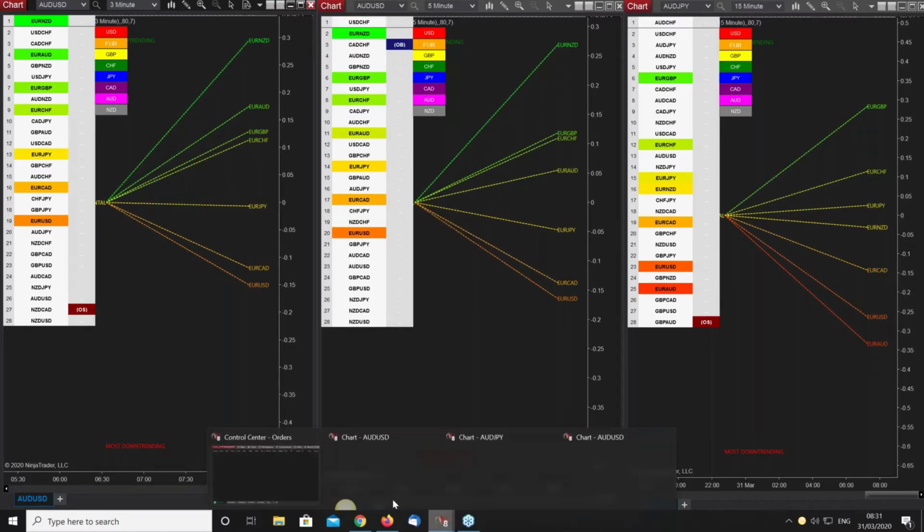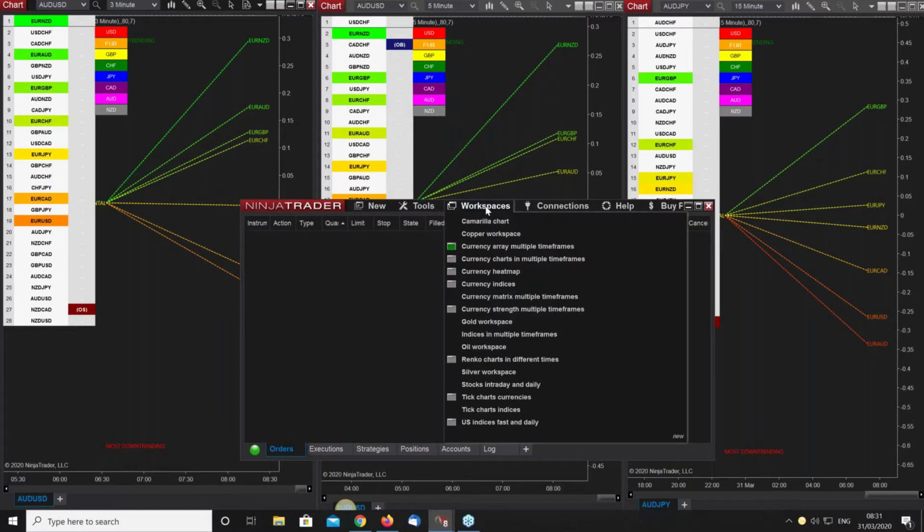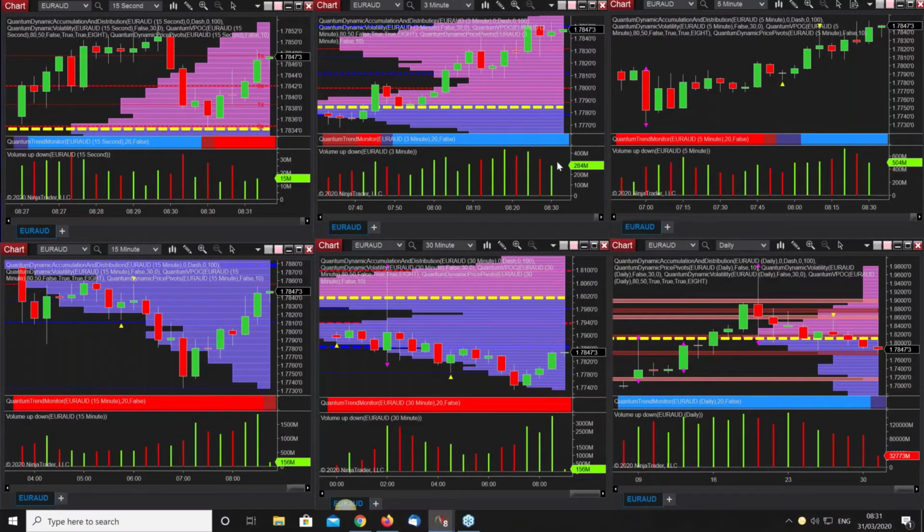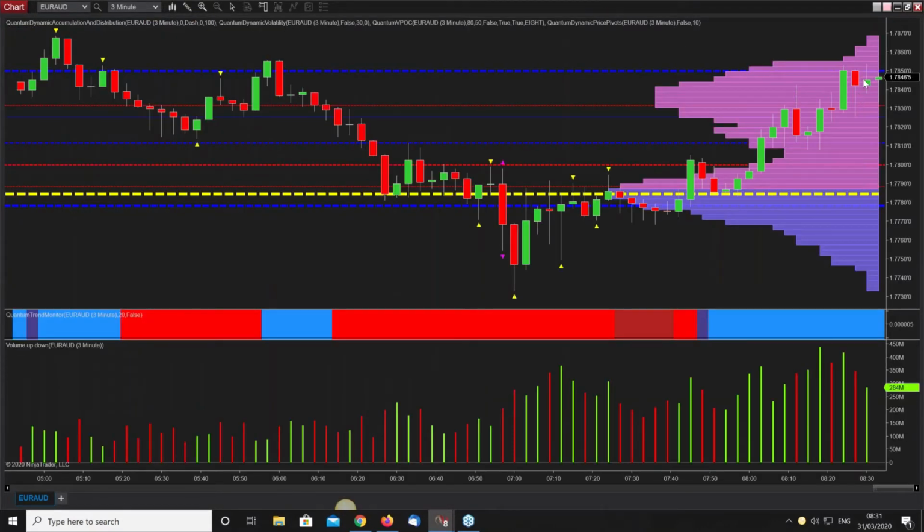Just very quickly, let me go back onto the charts and see how all that is playing out. Where are we? Currency charts in multiple time frames. There we are. So we're still moving up. This was the 3-minute we were on, I think. Yeah, there we go. This was the resistance, which is definitely coming into play. We had a bit of a reversal here, but the buyers stepped in, the big wick to the lower body, closed lower.